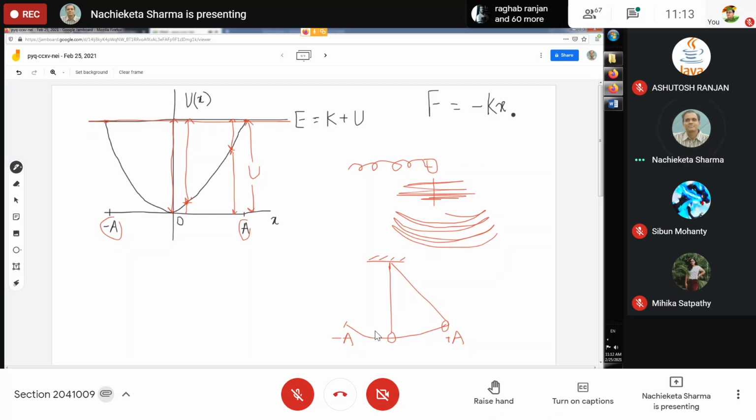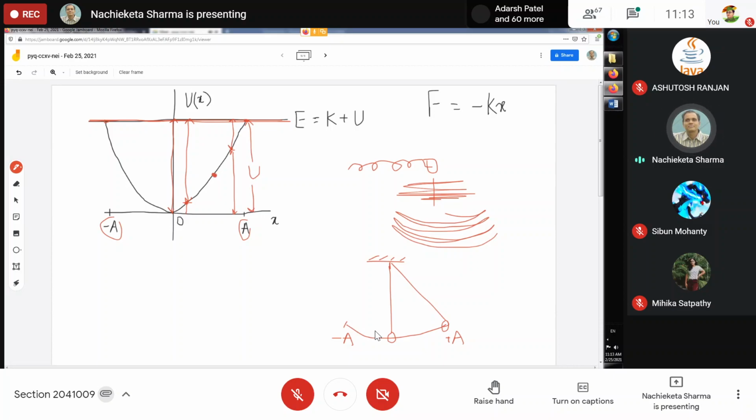Let us see. The vertical distance between the U and E graphs at each point represents the difference E minus U, isn't it? This is E, this straight line is your E, and at any point you take, the difference is your kinetic energy.